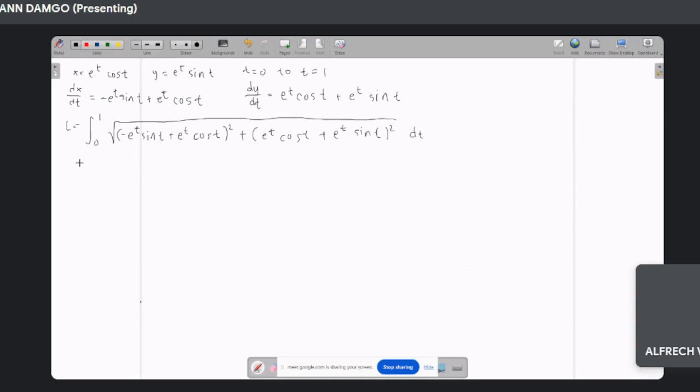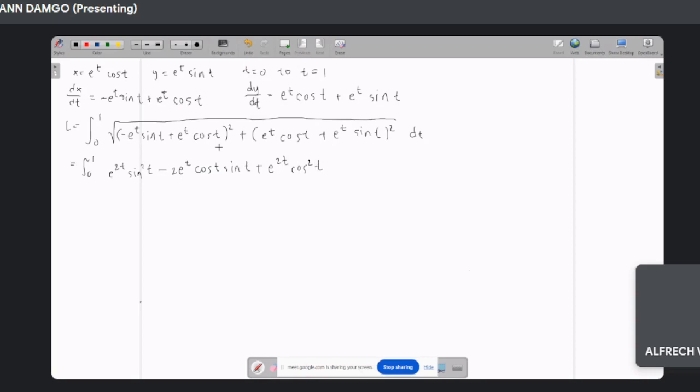Okay, so simplify. We have e to the 2t sine squared t minus 2e to the 2t cosine t sine t plus e to the 2t cosine squared t.